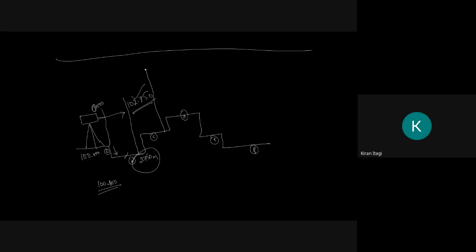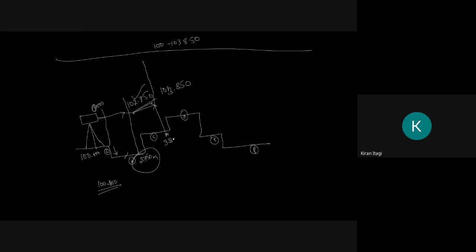So when I kept my staff here, after all the readings, I have got 103.850. Then what is the height here with respect to datum? That is 103.850 minus 100. How much is it?